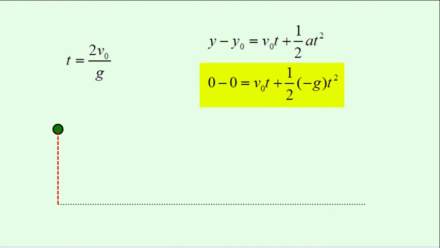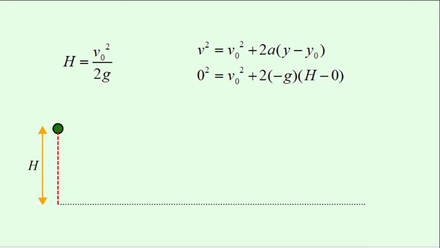The initial and the final displacements are both zero as the ball lands back on the ground, and the acceleration is minus g. And from here we get t as 2v0 over g. This is our basic formula for the time of flight, and you will see how we will modify it for the different scenarios.